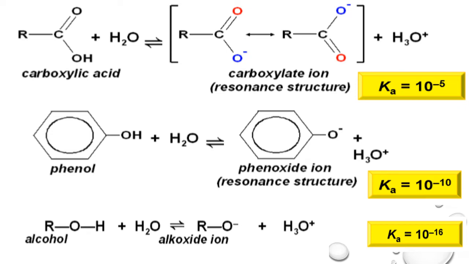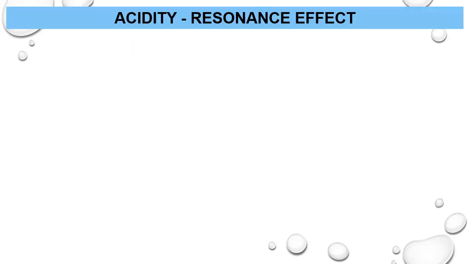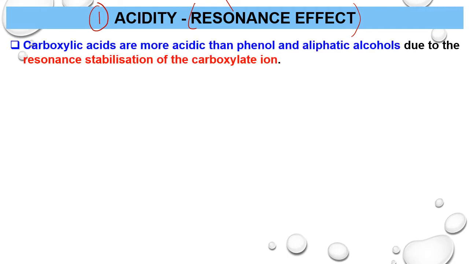Okey, jadi sekarang kita akan tengok faktor yang pertama yang mempengaruhi acidity of carboxylic acid. So the first factor that affect the acidity of carboxylic acid dekat sini adalah kita punya resonance effect. Carboxylic acid are more acidic than our phenol and also aliphatic alcohol due to the resonance stabilization on the carboxylate ion.